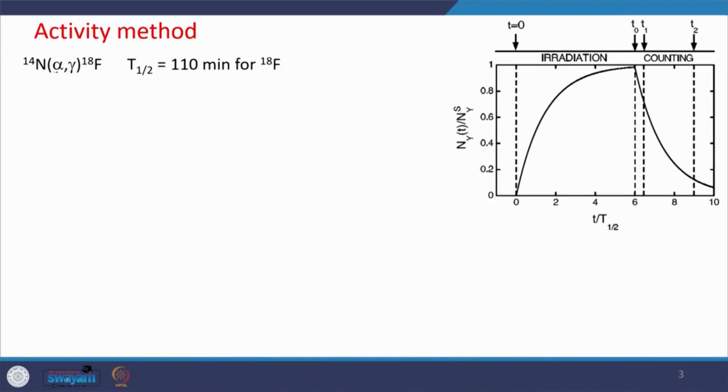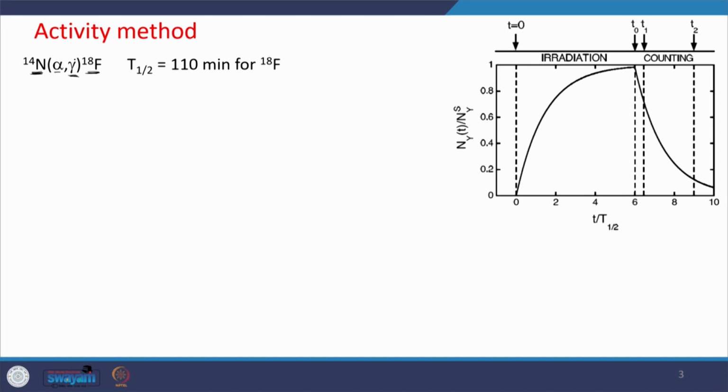Let me start with an example. Alpha induced reaction with nitrogen 14, which gives rise to a compound nucleus in the excited state, say fluorine 18, and during de-excitation it emits gamma rays.